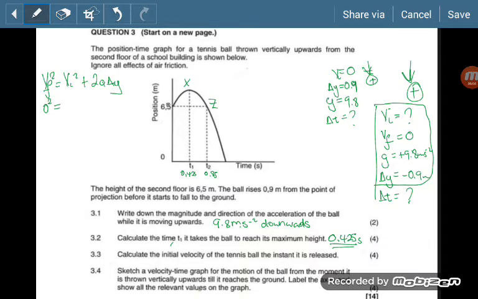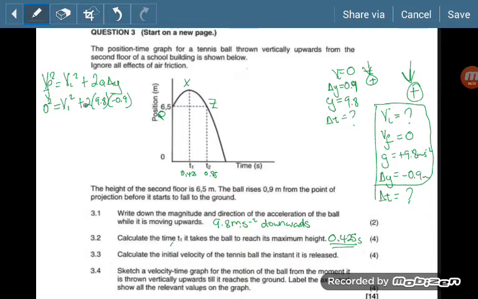So now I'm using this information from this point, which I'm going to call point Q, up to point X. So v initial is the one we are looking for, v initial squared plus 2 times the 9.8, multiplied by negative 0,9. Remember, I'm taking downwards as positive and using this information here.